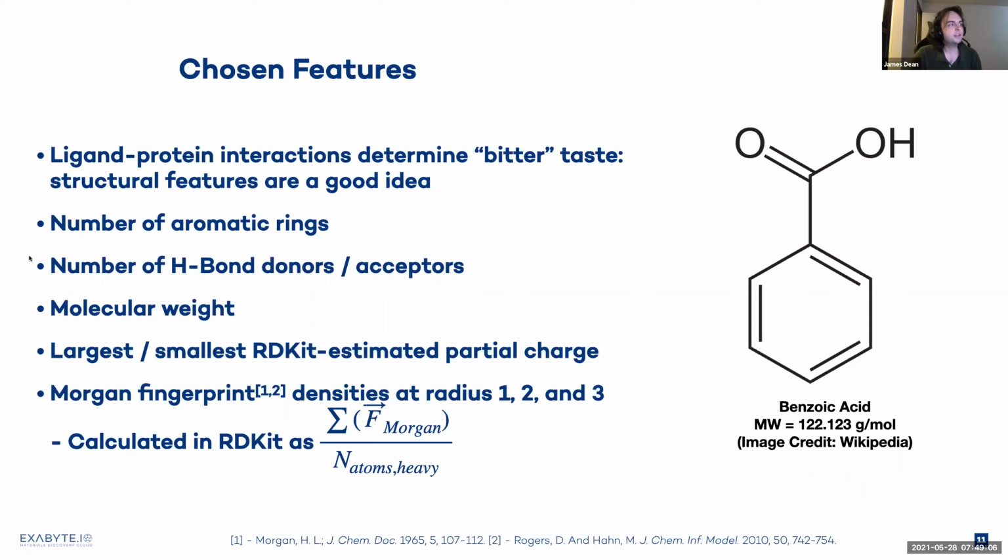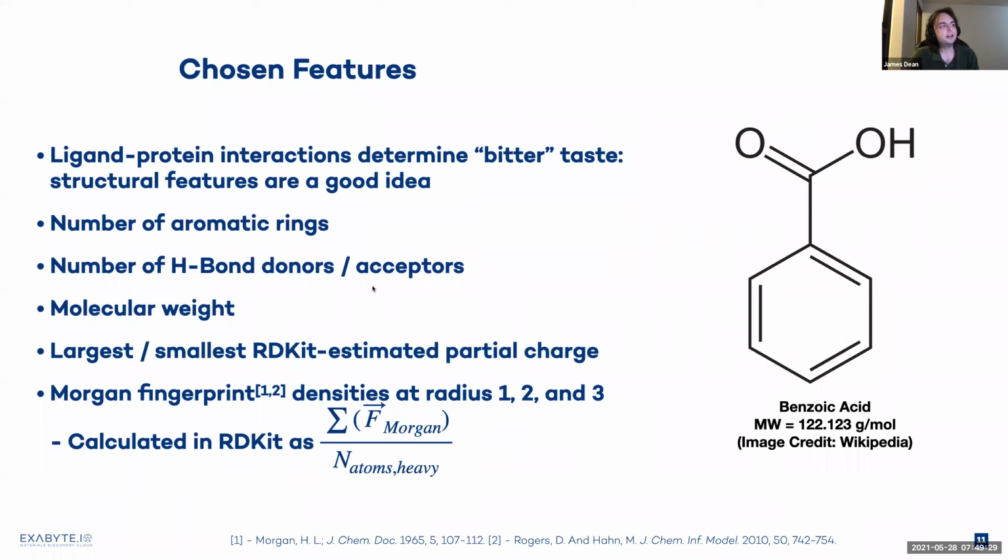For example, proteins can have lipophilic and hydrophilic regions, and aromatic rings are very lipophilic, typically very greasy. So it's probably a good idea to count the number of aromatic rings, as an idea of something that might matter. Here's an aromatic ring in this benzoic acid, a little benzene ring.